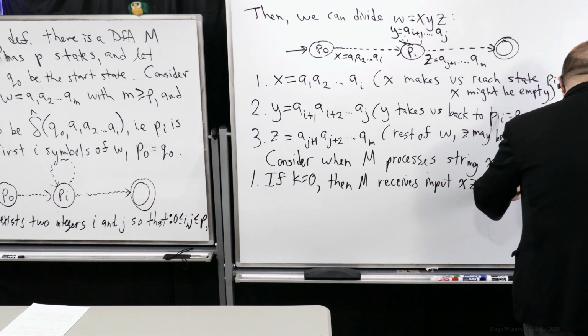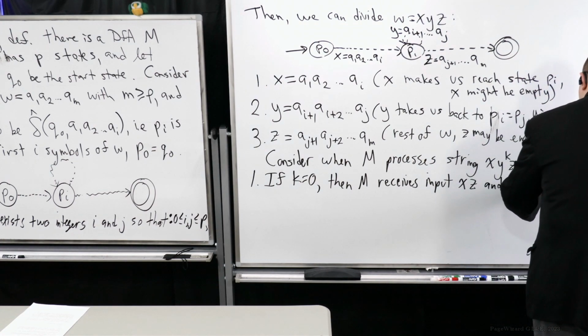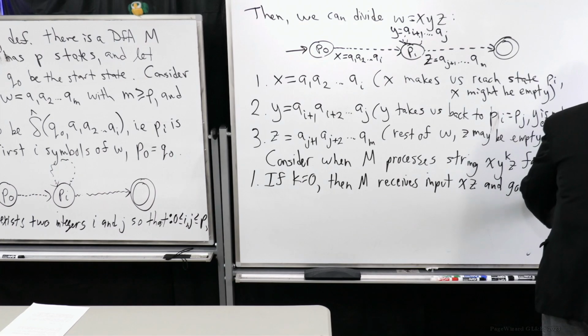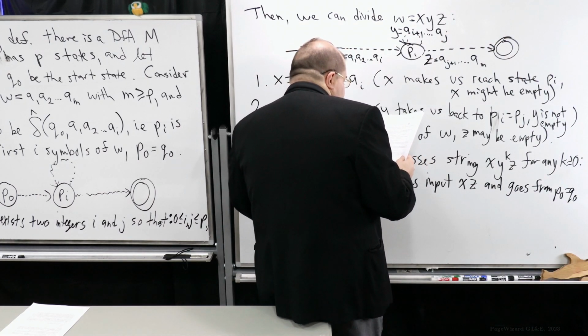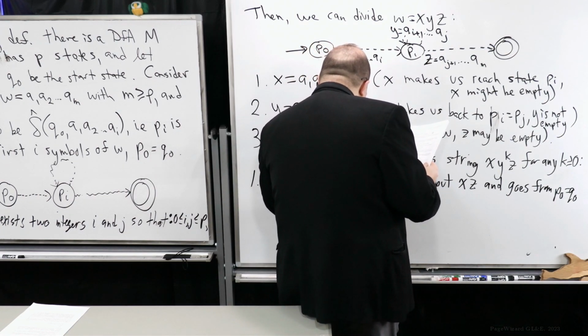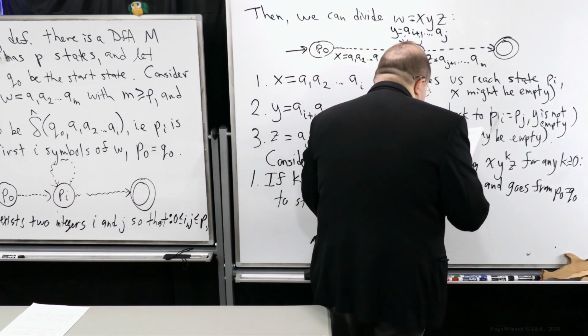It goes from p0, which is equal to q0, to state pi on x.